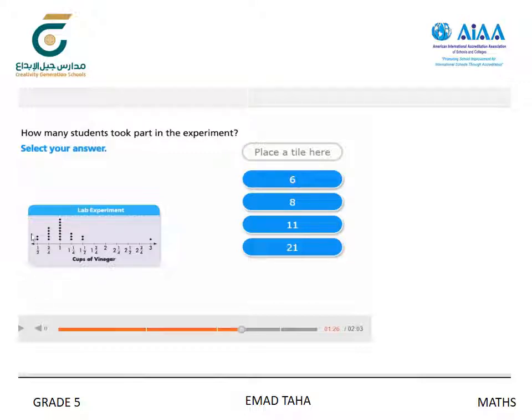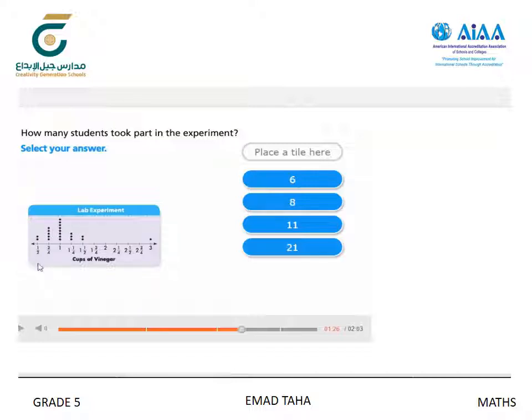Okay, now we count the number of dots: 1, 2, 3, 4, 5, 6, 7, 8, 9, 10, 11, 12, 13, 14, 15, 16, 17, 18, 19, 20, 21. Now the number of students in this survey is 21 students.